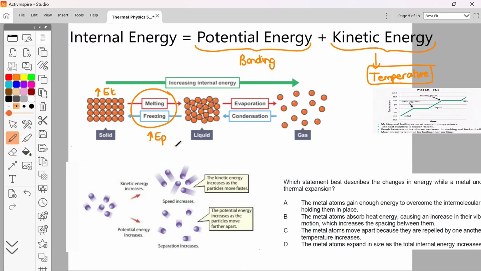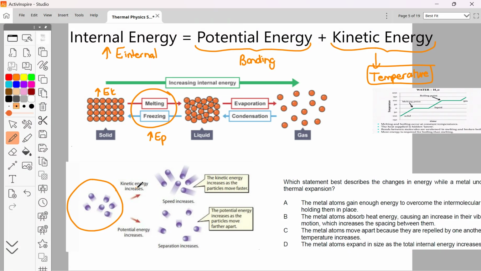But both of these lead to an increase in the internal energy. And so the two together is going to give you your internal energy. So please, very important, when you have a bunch of particles, that is just a safe word. It could be gas atoms. If it's a noble gas, it could be a molecule. So I just talk about particles.